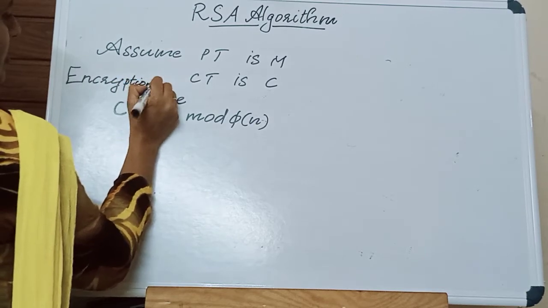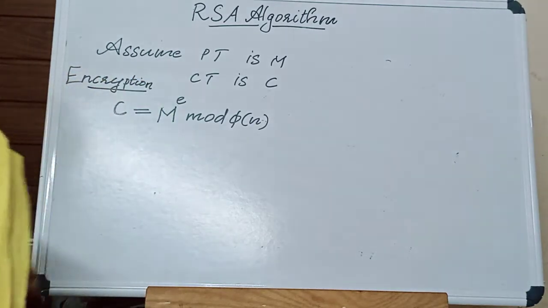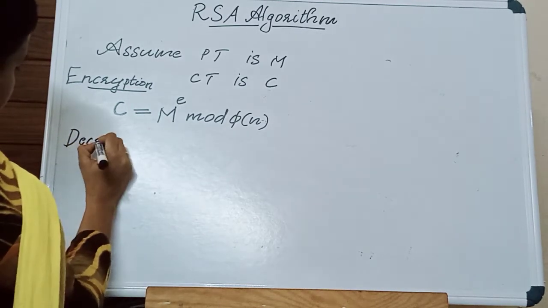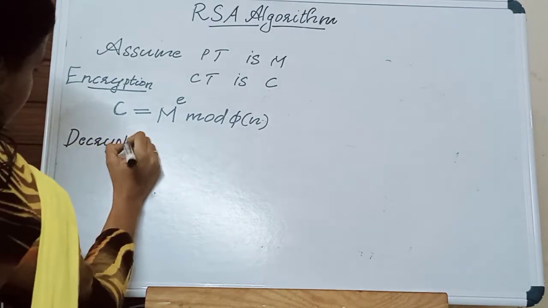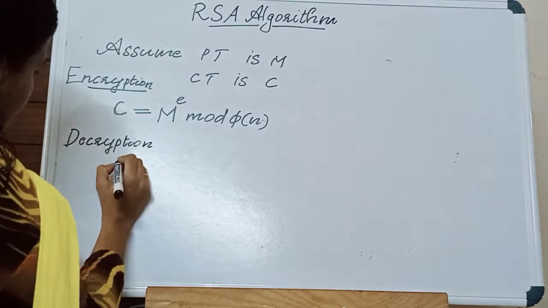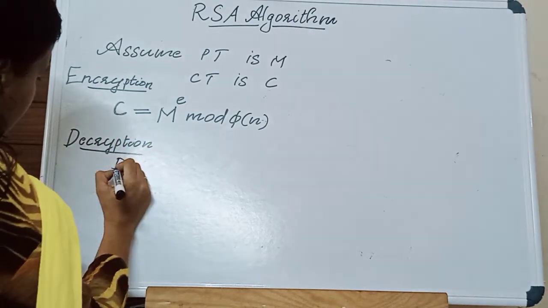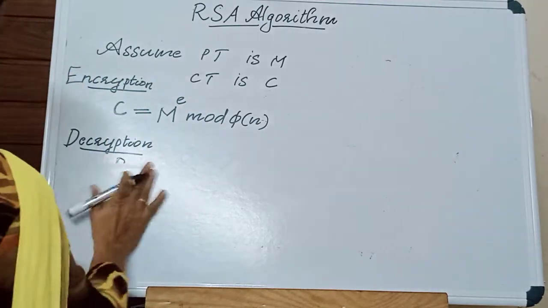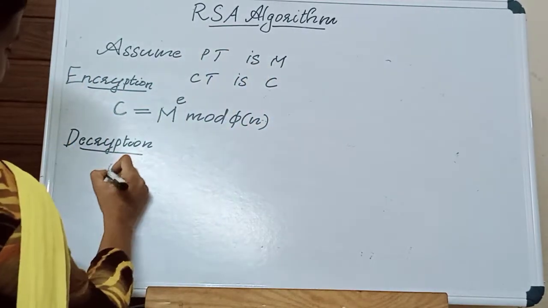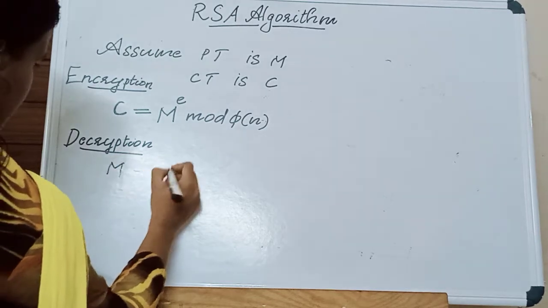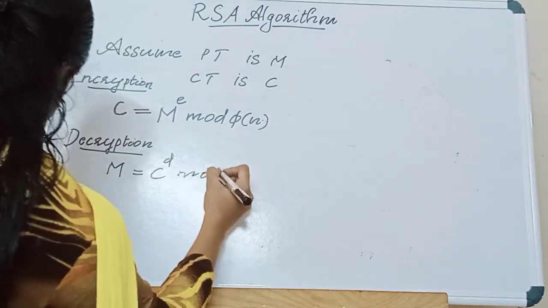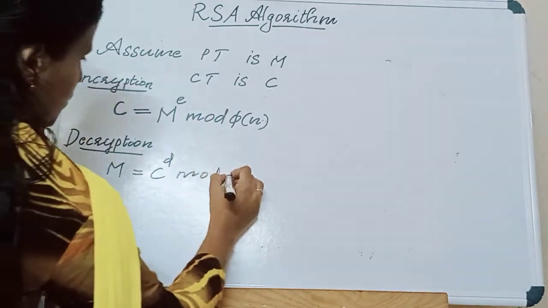Okay, that is the encryption. Next, for performing decryption, the plain text is m, which is equal to C raised to D mod n.